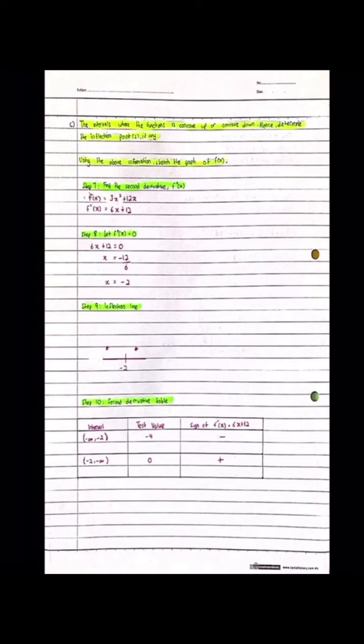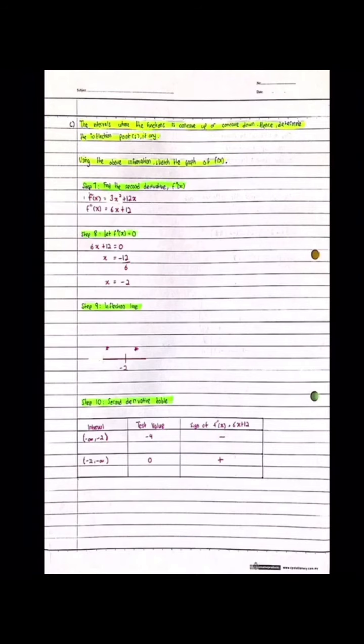Today I'm going to show you how to solve question C. For step 7, we must find the second derivative, f double prime x. Given f prime x equal to 3x squared plus 12x, the second derivative f double prime x equals 6x plus 12.